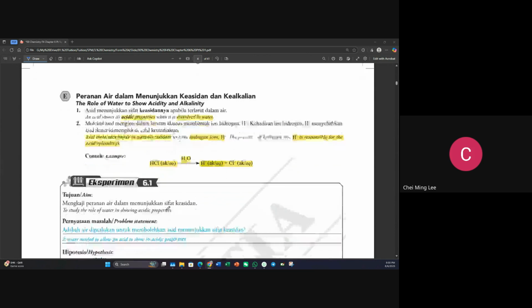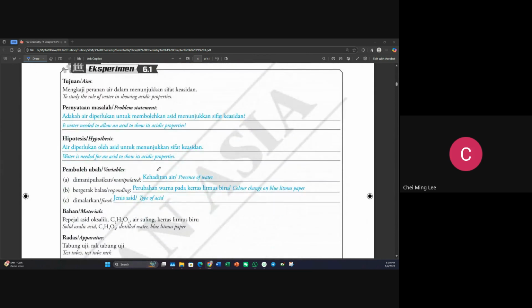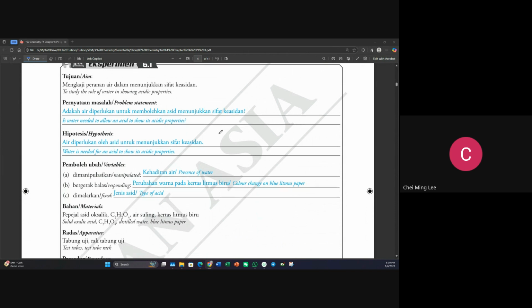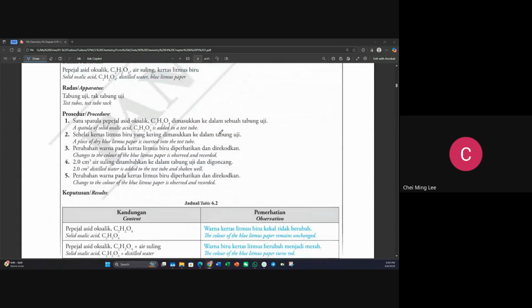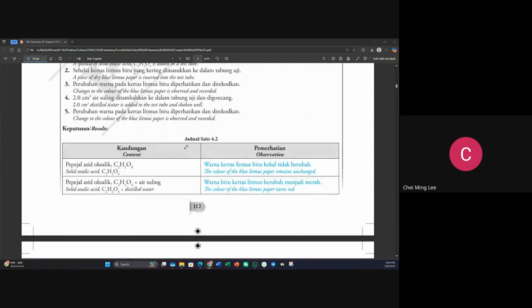Done? So let's see the experiment. We try to see whether water is needed to allow the acid to show the acidic properties. What they do is they use solid oxalic acid, and another one is solid oxalic acid with distilled water.